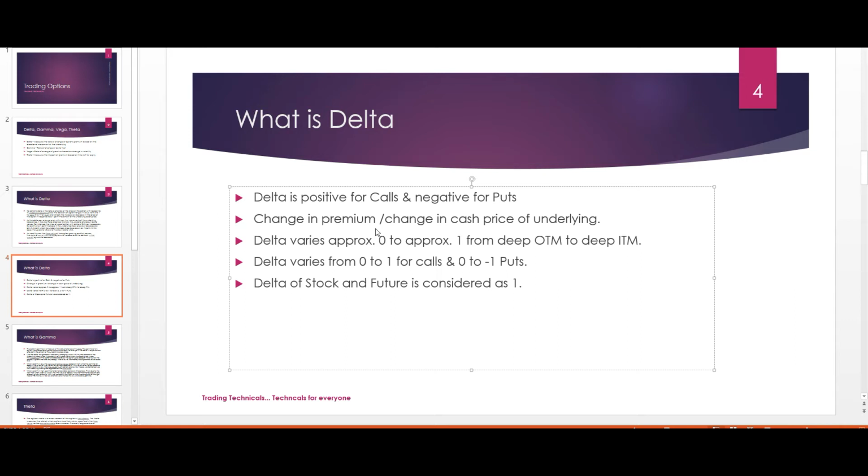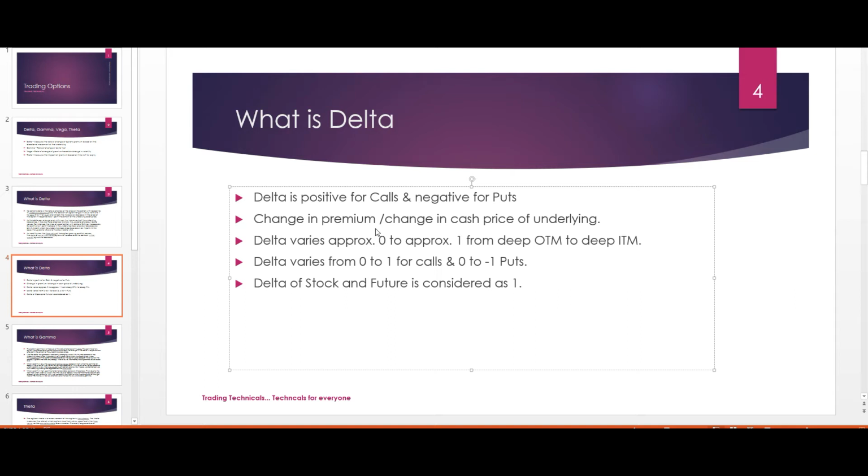Next, delta varies from 0 to 1 for calls and 0 to -1 for puts, which is again a repetition of the first point I mentioned. So 0 to 1 is for calls and 0 to -1 is for puts. Puts will always be negative.